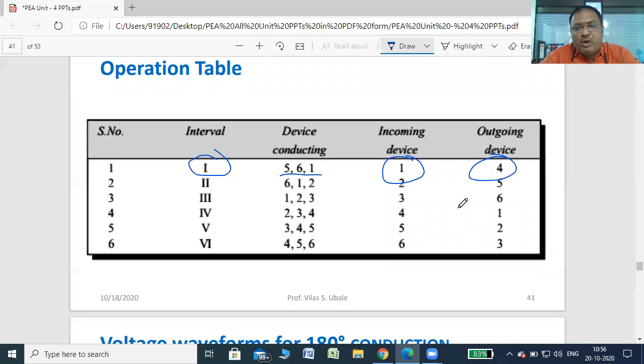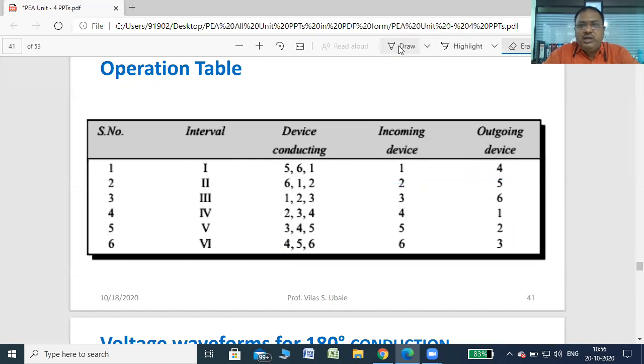The outgoing device is 4 because in the previous case, that is the last case, devices 4, 5, 6 are conducting. After that, case 1 follows. So 4 is the outgoing device, 1 is the incoming device. So 1 will be added here and 4 will be removed, right? That is why it is called an incoming device and an outgoing device.